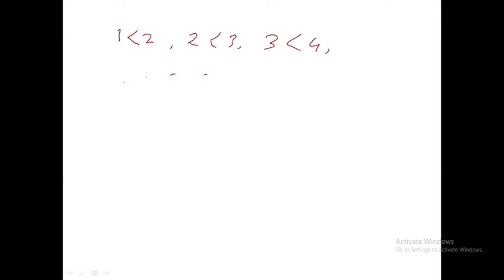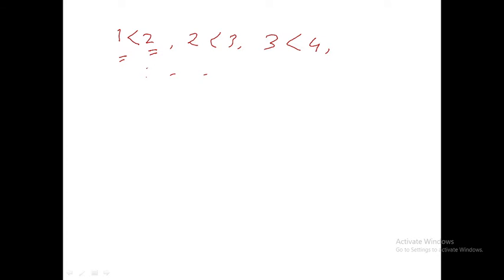So this property of ordering of natural numbers, between two consecutive natural numbers one is smaller than the other and the other is bigger: 2 is bigger than 1 and 1 is smaller than 2, 2 is smaller than 3, 3 is bigger than 2.